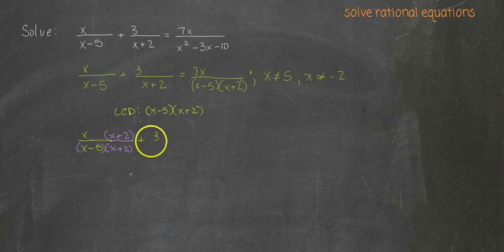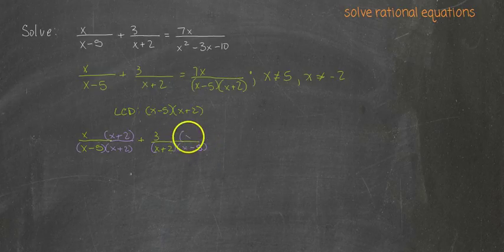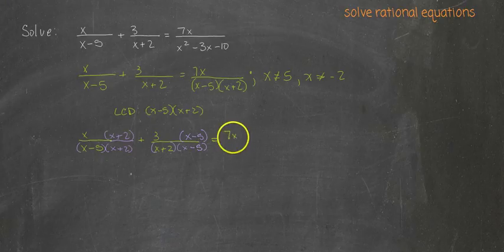Plus, now the second fraction, again multiplying by an expression of 1 so that I can achieve the lowest common denominator. And on the right-hand side, I already have the lowest common denominator.